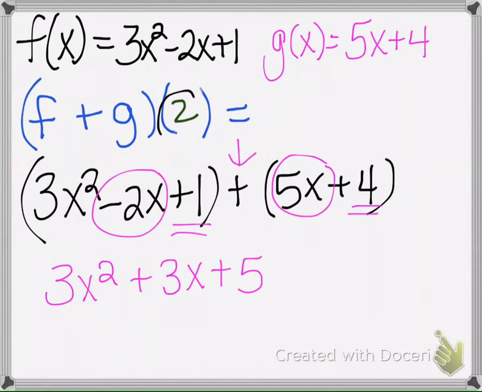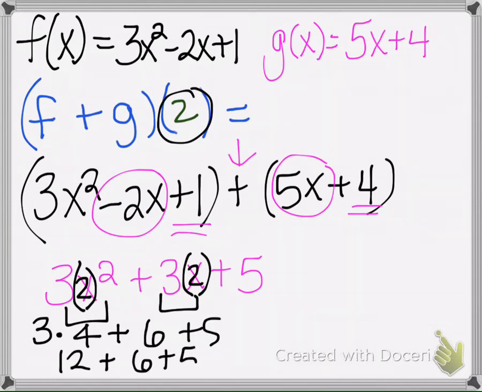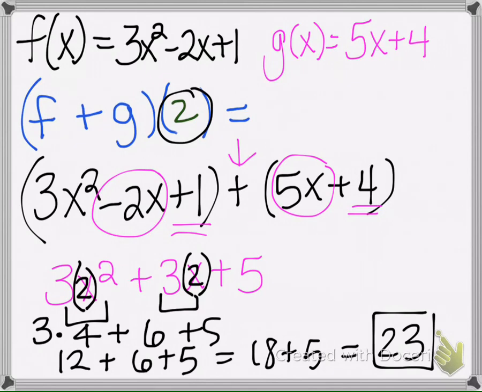And now we could plug in the 2 for the x's here. If we do that, we should still get 23. And we do. So 2 different methods to get the same answer of 23.